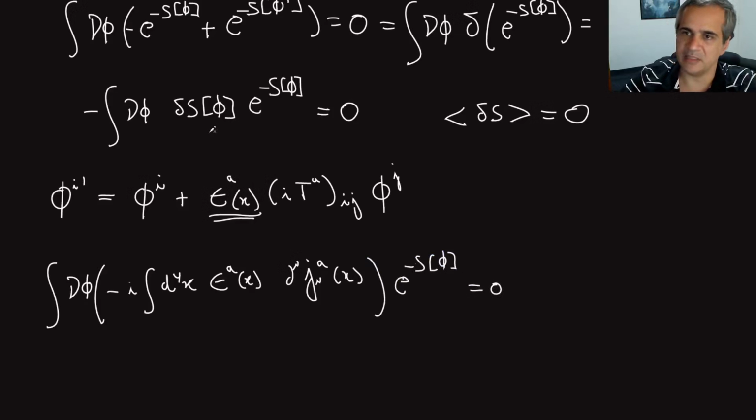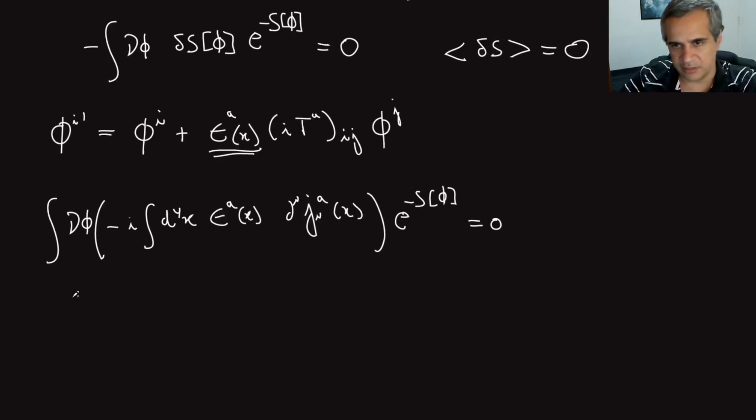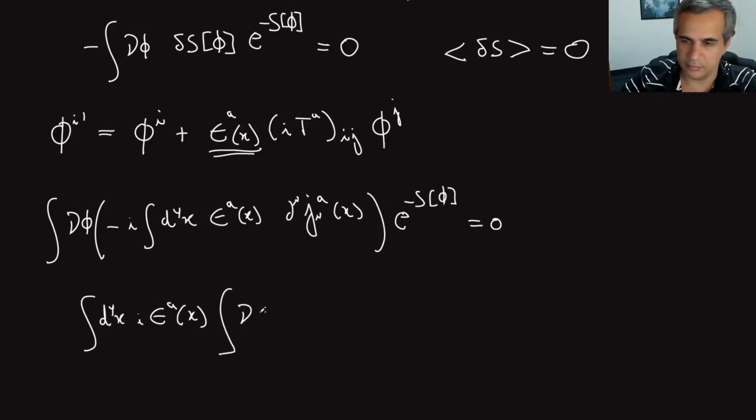I'm just replacing the variation of the action by this thing that I have proven before, right? I can separate this integral in two pieces, right? This does not depend on the field, so I can write it out here. I have epsilon^a(x) times the path integral.